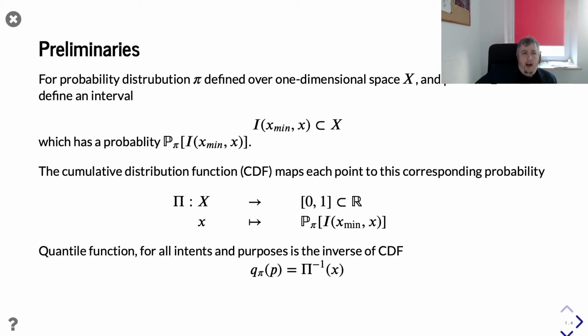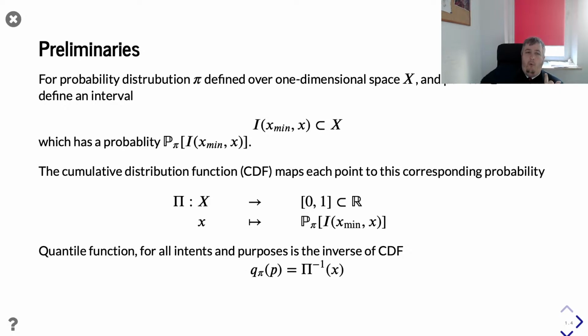So generally, let's focus on certain preliminaries that we are interested in. Having a probability distribution defined over some kind of one-dimensional space and having a point in it, we can easily define an interval between a minimal value and that point.